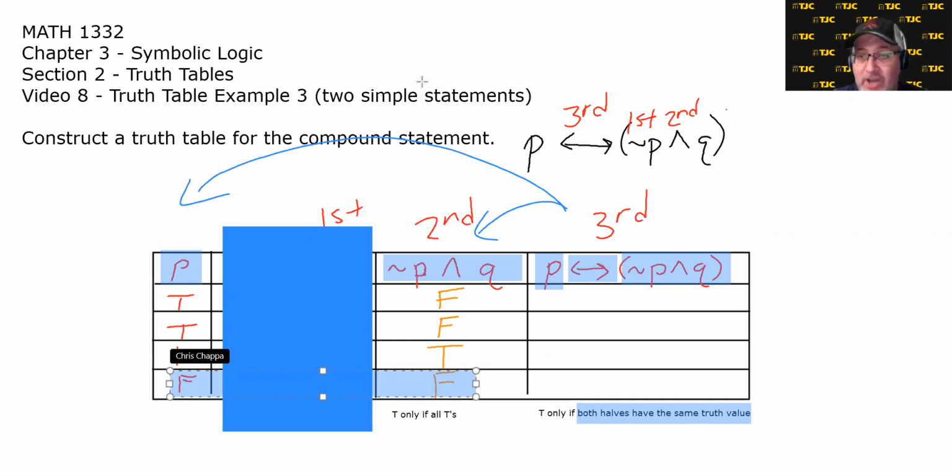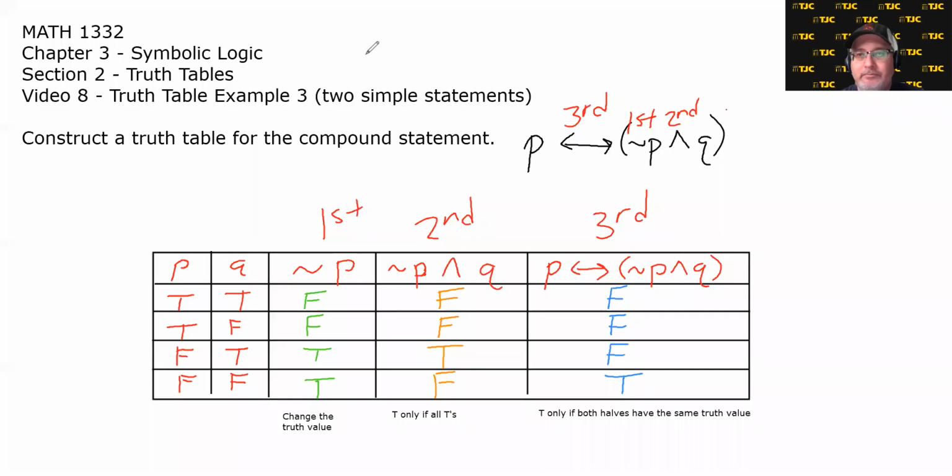The fourth row is the only row where the two columns have the same truth values, which means the fourth row is the only row where our biconditional is true. It's false in the remaining rows. Let's clean this up. And there we have the completed truth table.